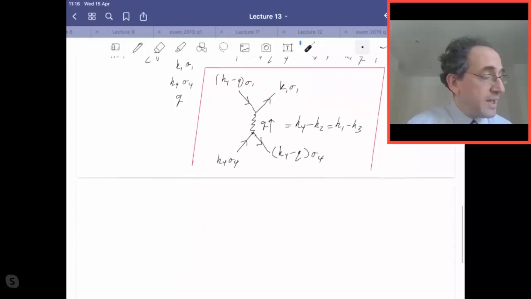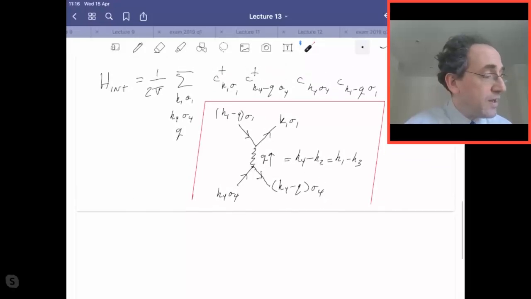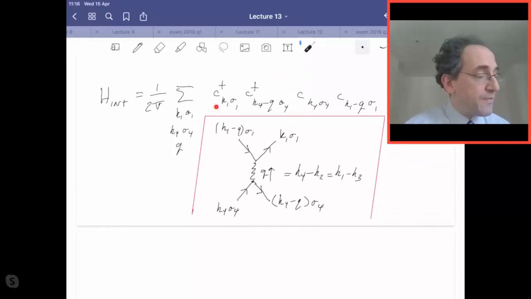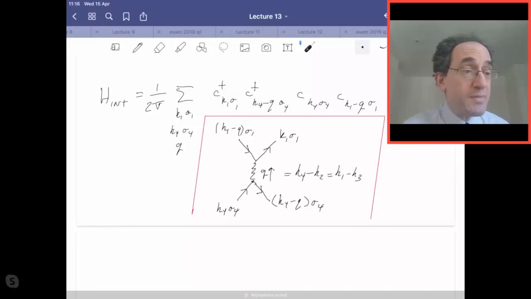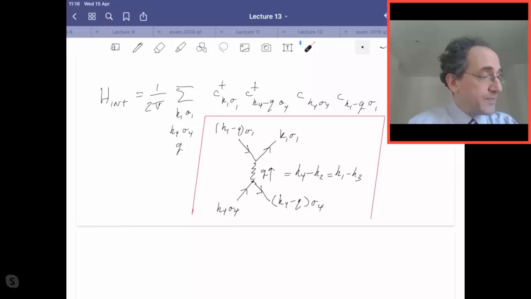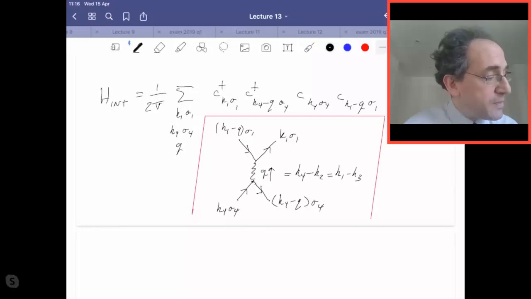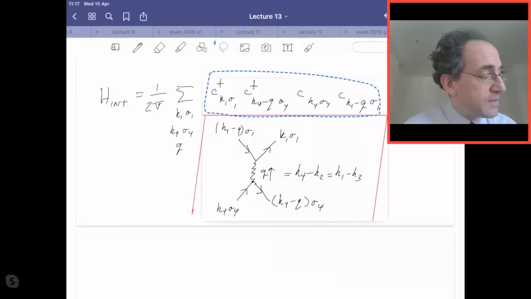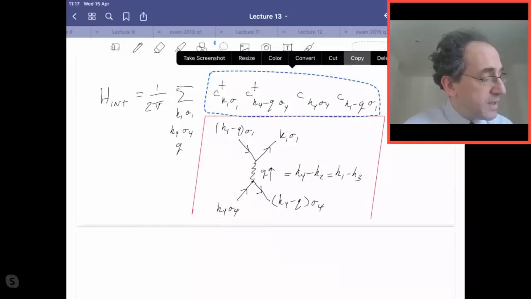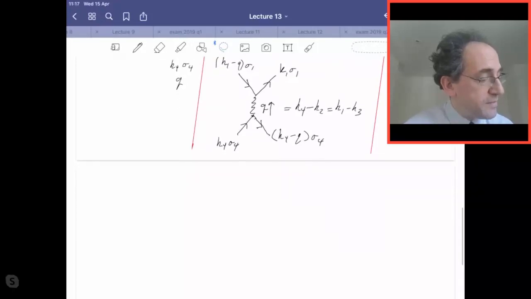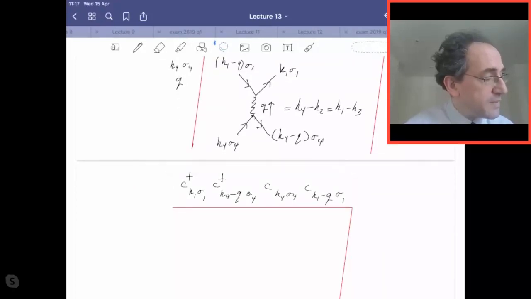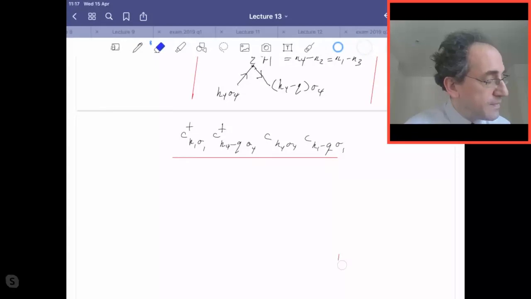Now, in Hartree-Fock theory, you'll recall that the general scheme is if you have 4 fermion operators, we want to take the average of 2 of them and leave the other 2 unaveraged. So let me copy these 4 fermion operators and put them down here. Okay, I'm not interested in this thing here. All right.